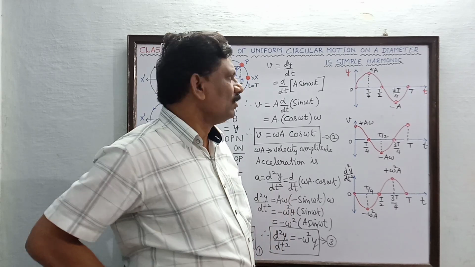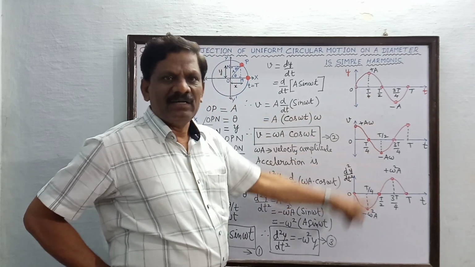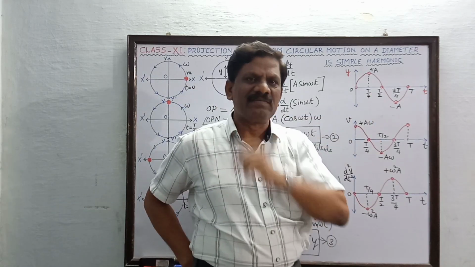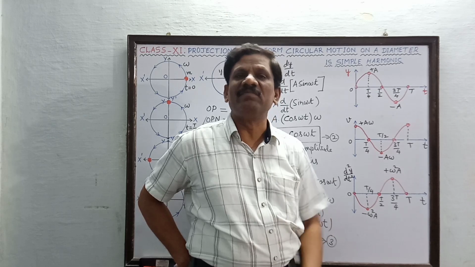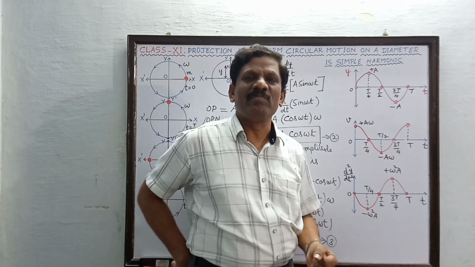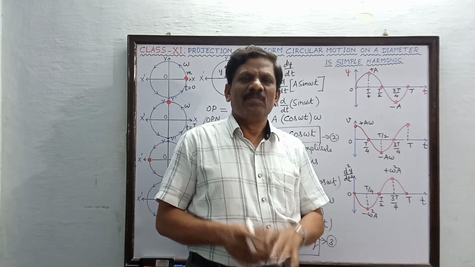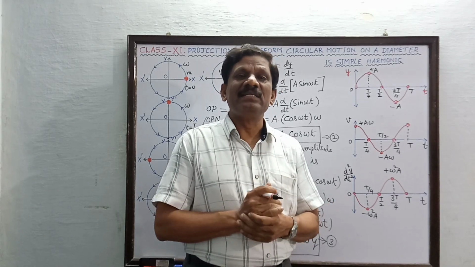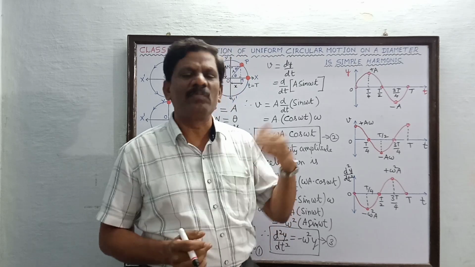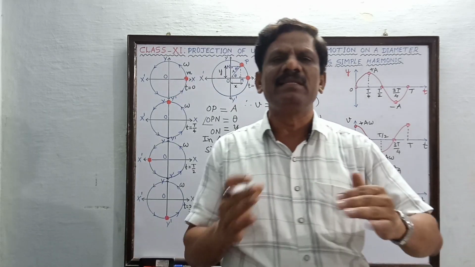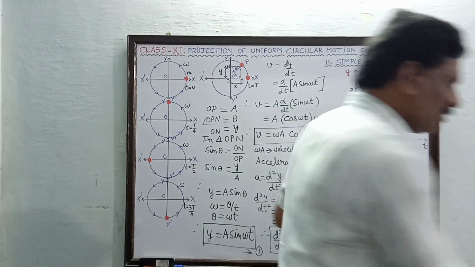Understand? So we gave the definition of simple harmonic motion at the beginning of this chapter. When is the motion of a body said to be simple harmonic? Whenever the body moves in such a way that its displacement is directly proportional to acceleration and in the opposite direction.